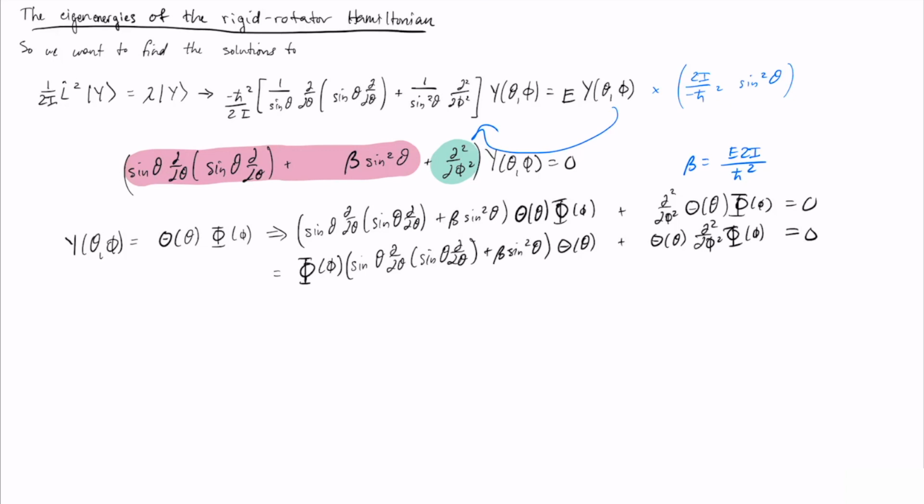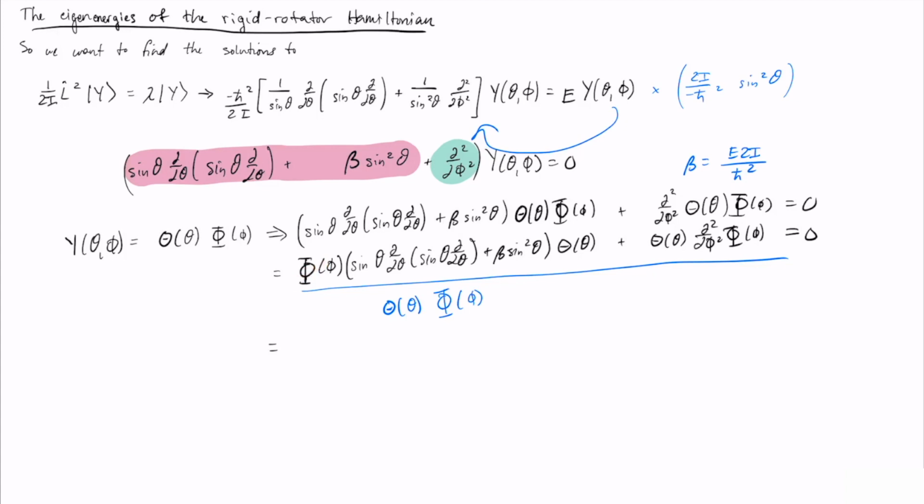Okay, and the next step, just to try to separate these out, is to divide the whole thing by Y again. So divide the whole thing by Phi of phi times Theta of theta. So notice when you look at the first term, this Phi of phi that's sitting out front isn't doing anything. And so when you divide out this part, in this first term, the Phi will cancel.